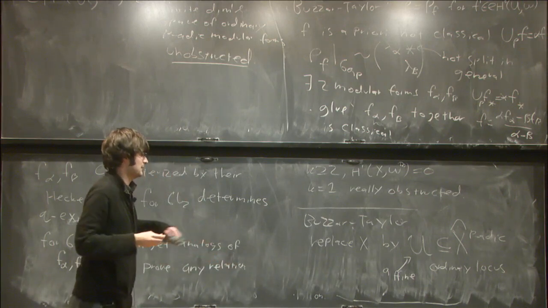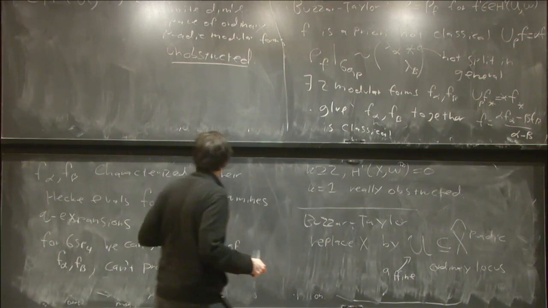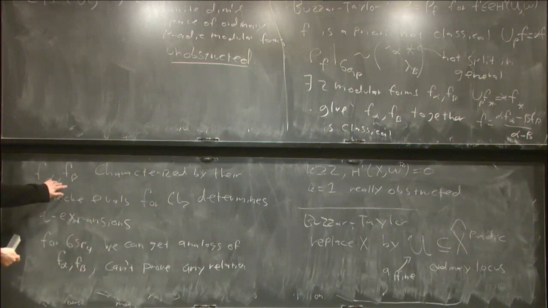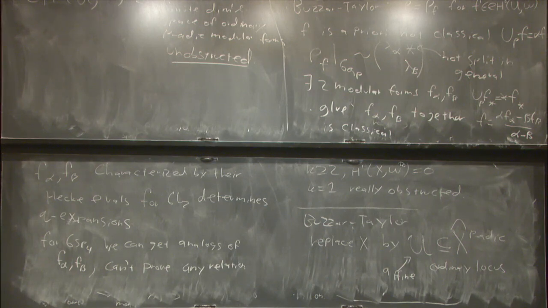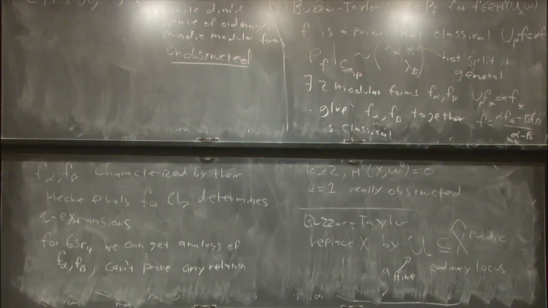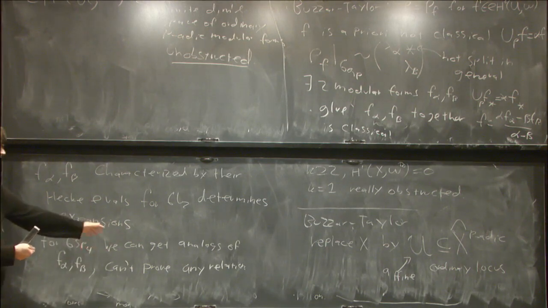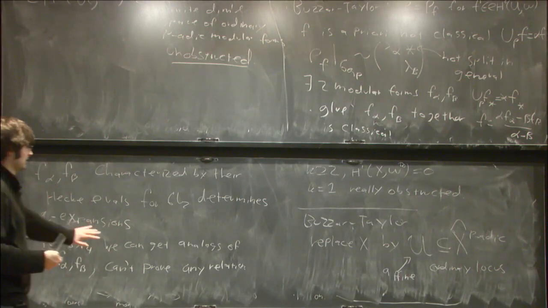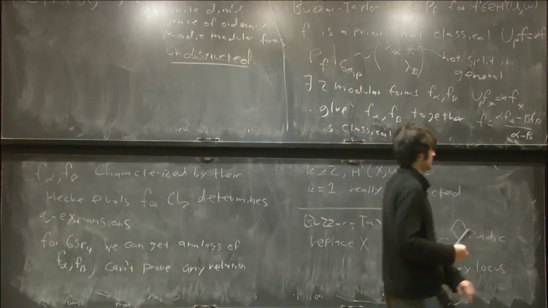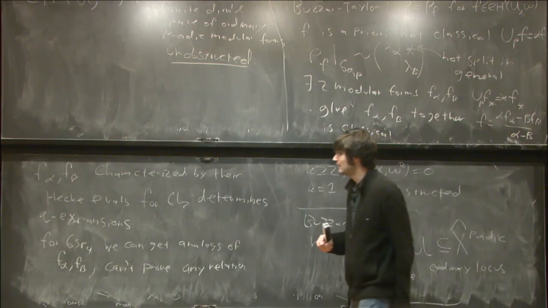For GL2, it's some exercise that if these have the same Hecke eigenvalues away from p, then all their prime-to-p Fourier coefficients are the same, so they basically have the same q-expansion. But for GSp4, the q-expansion is somehow not determined by Hecke eigenvalues. So this is a big difficulty with the method of Buzzard-Taylor.